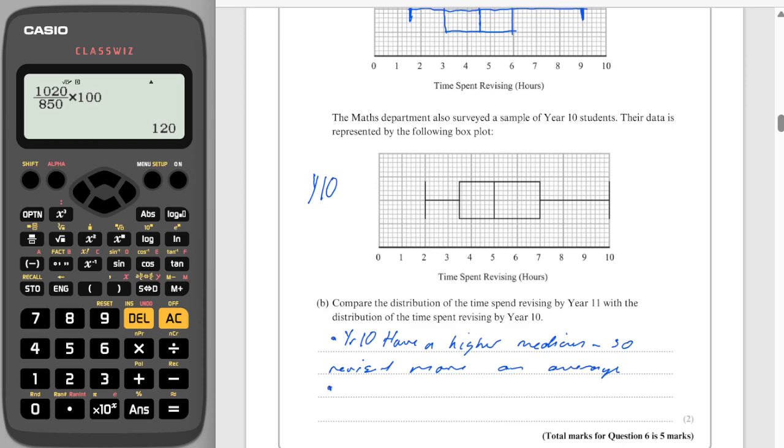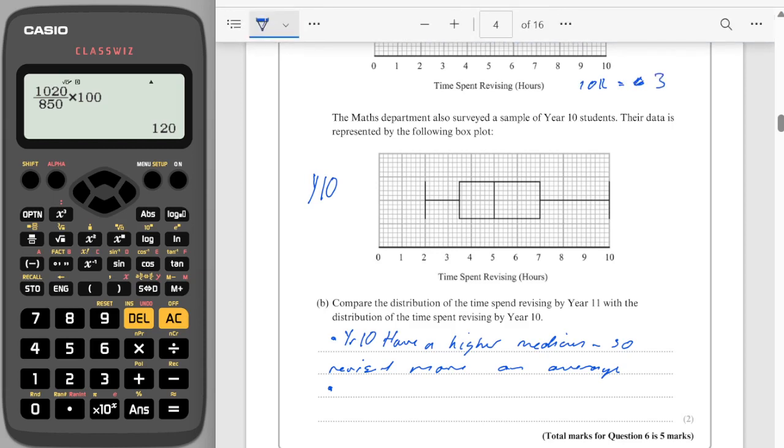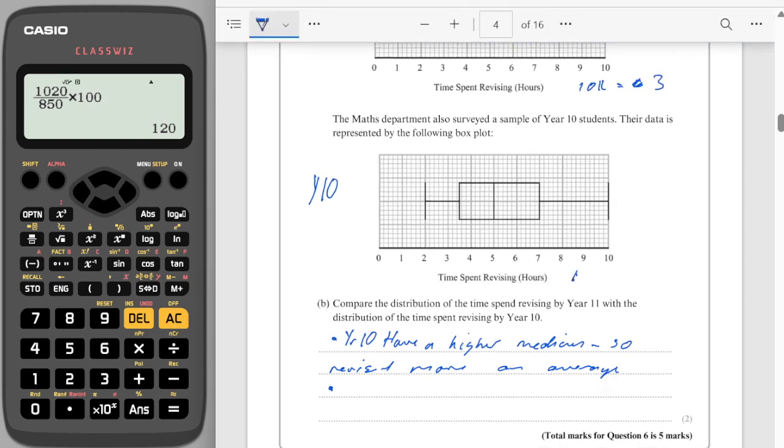And then my second statement is going to be comparing the interquartile range. So we know that the interquartile range for this one was 3. So the interquartile range for this one, we've got 7 compared to what looks like 3.5. Sorry, 3.5. 1, 2, 3.5. Yeah, 3.5.